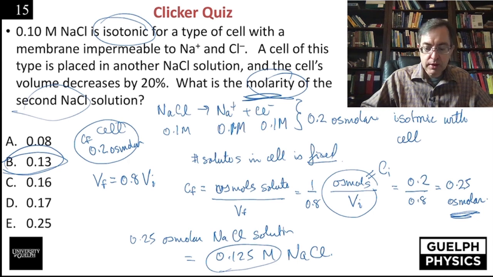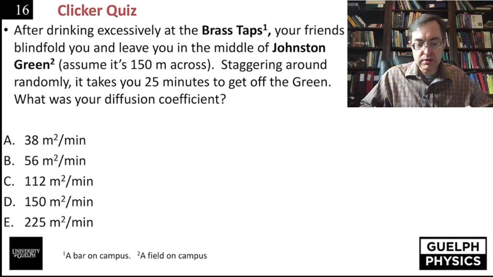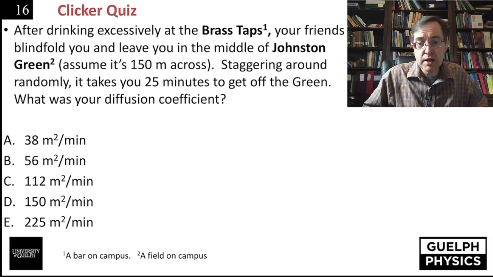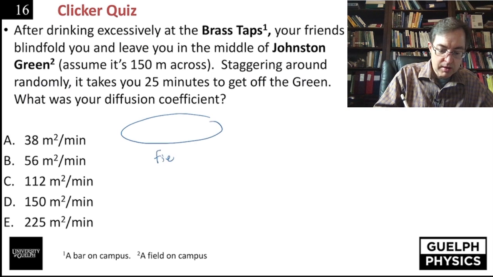All right. So let's go back and look at some diffusion problems. Okay, and this is a very interesting random walk problem. So after drinking excessively at the brass taps, your friends blindfold you and leave you in the middle of Johnson Green. And now, assume that Johnson Green is a big field on campus, and it has a diameter of 150 meters or a radius of 75 meters, okay?